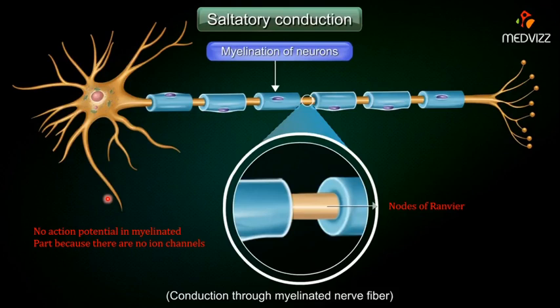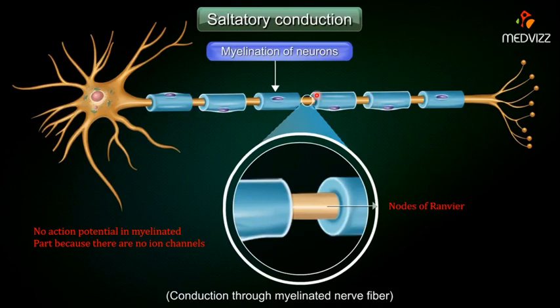Now, one important concept about the action potential is what is known as saltatory conduction. As I've told you in the structure of the neuron video, when you talk about the axon, most of the area of the axon is covered by the myelin sheath. We call that the myelinated area of the axon.